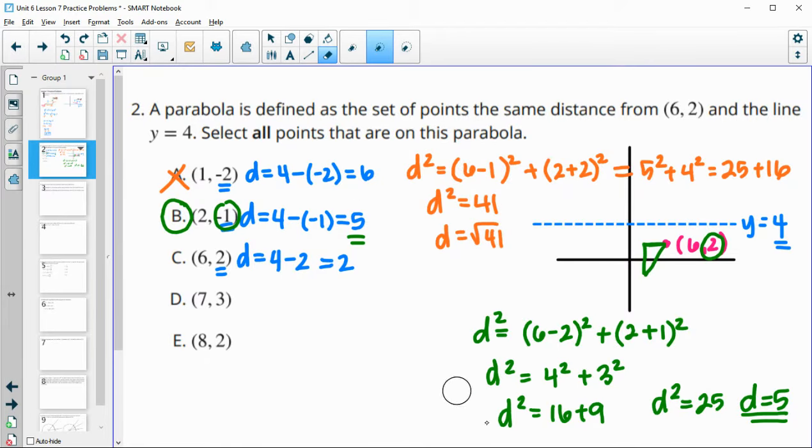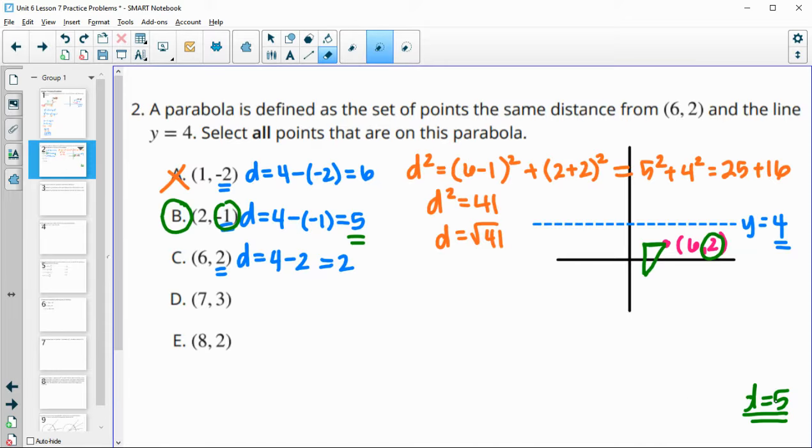So I'm just going to delete out this last one that we did. So this point, if you plot it, is (6, 2). It's the focus. So it is going to be 0 units from the focus. This is not 2 units from the focus. It is the focus. So this is not on your parabola.